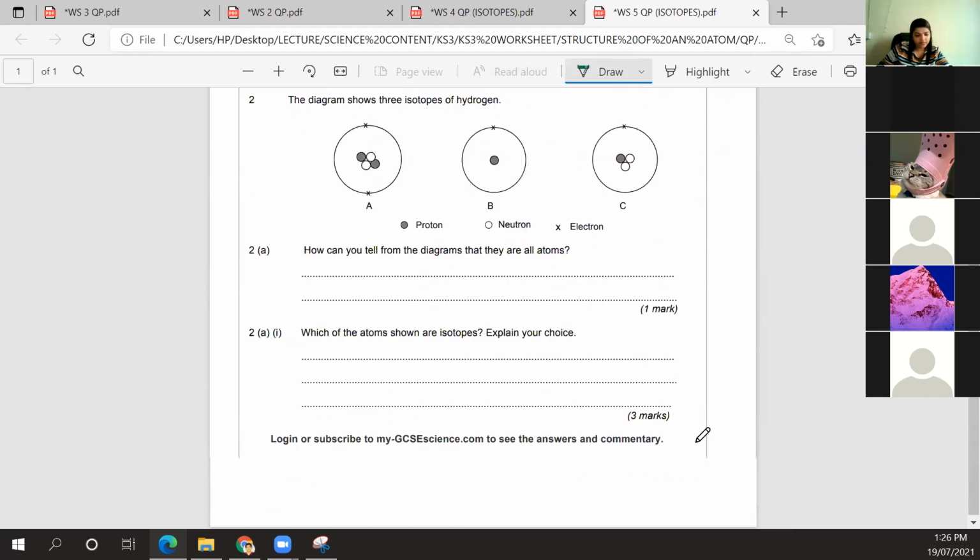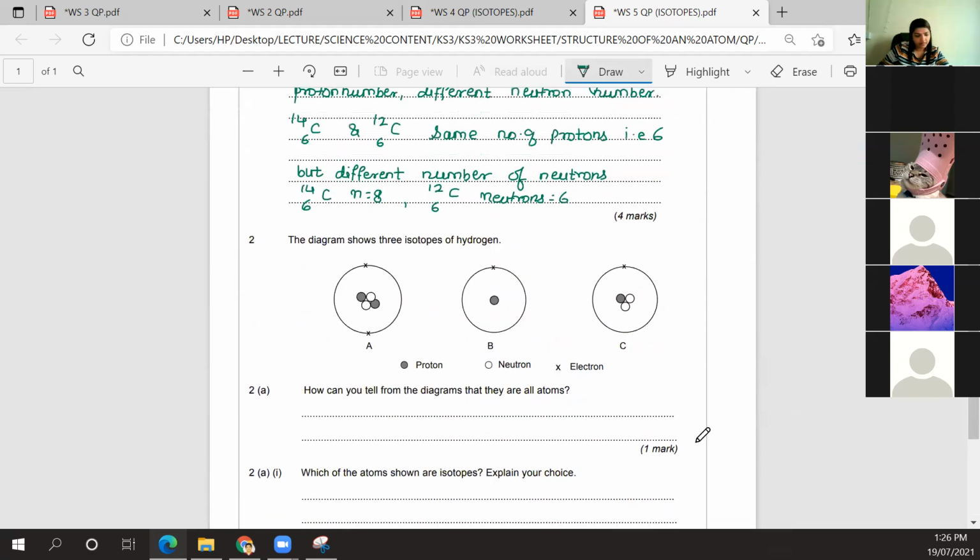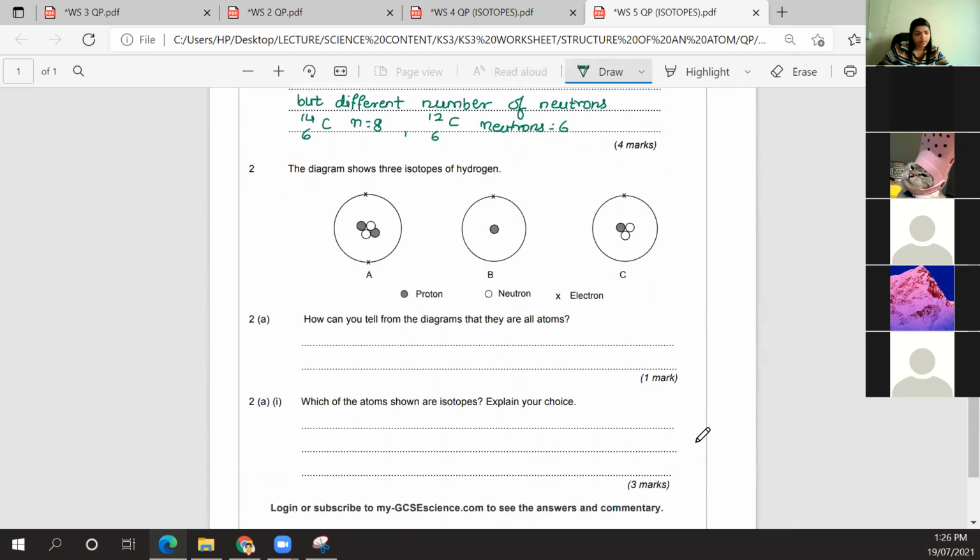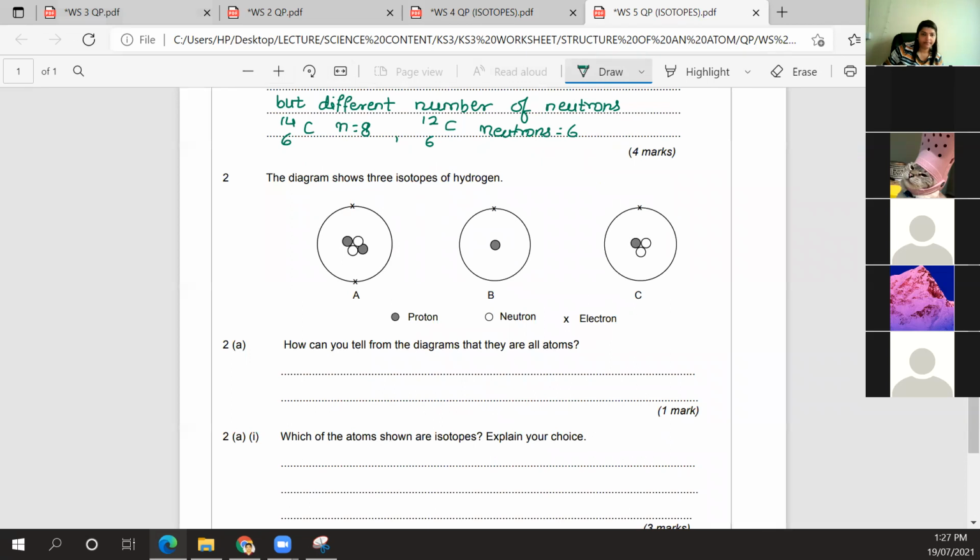Next question. How can you tell from the diagram that they all are atoms? Because they have protons and electrons around.